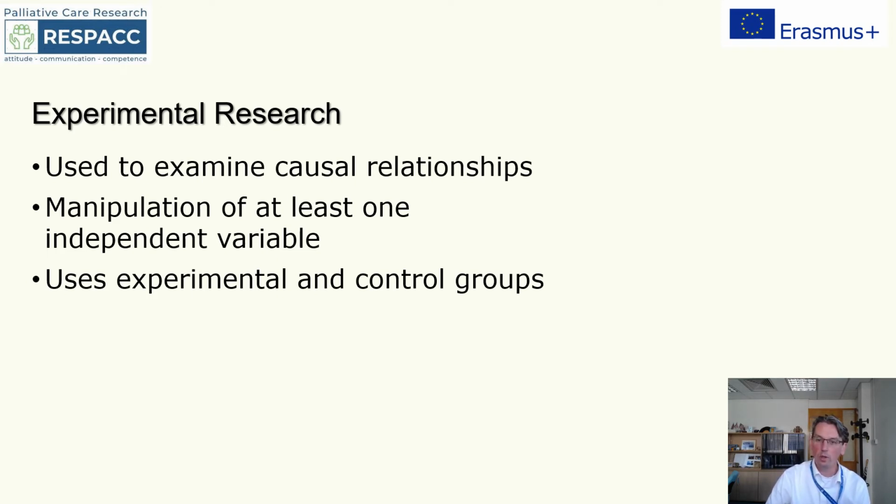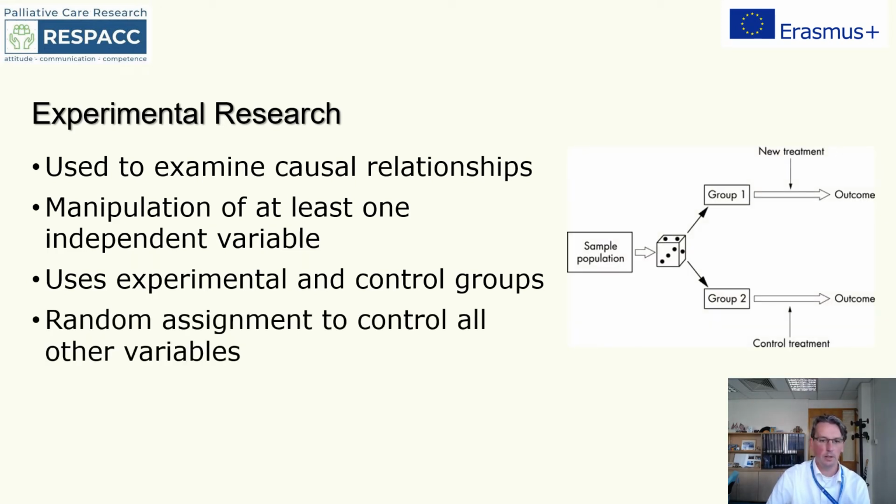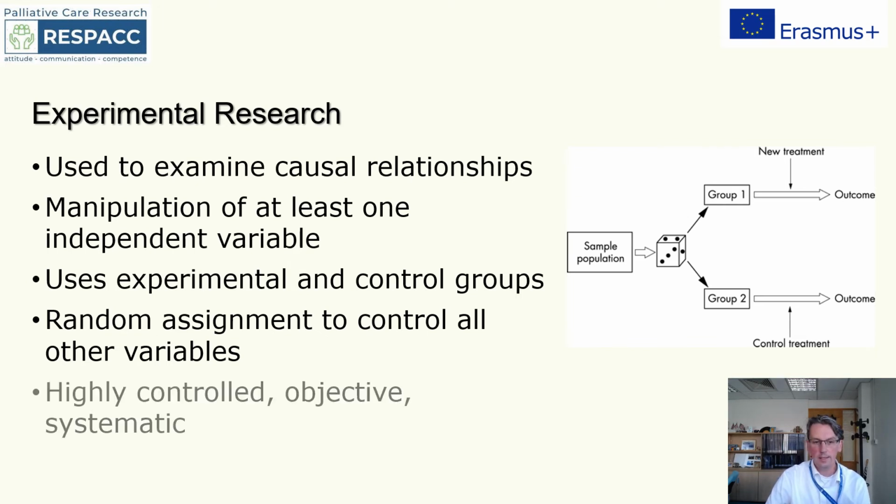So we can have great confidence that the effect of manipulating the independent variable on the dependent variable is the causal relationship we're examining. There's random assignment within this, and it's a highly controlled, objective and systematic approach to collecting data and trying to make sense of the different relationships within the clinical setting.